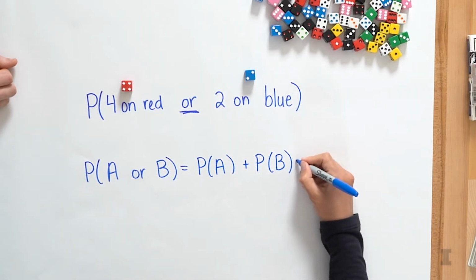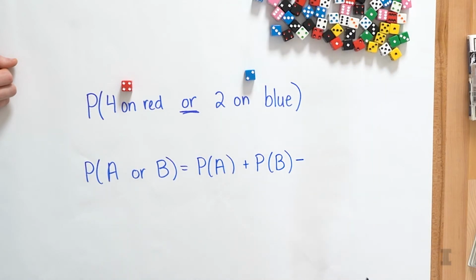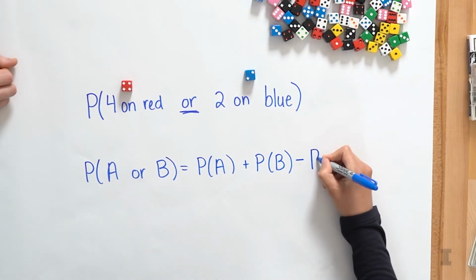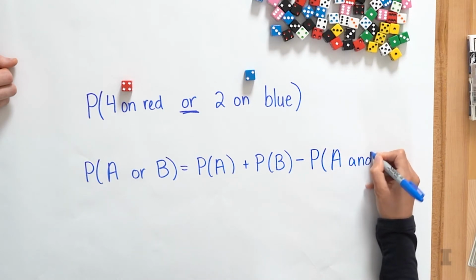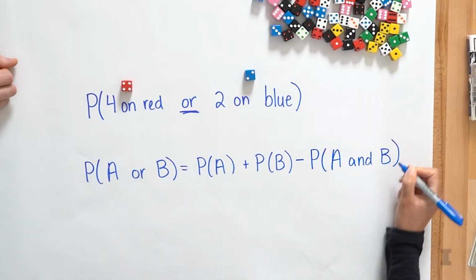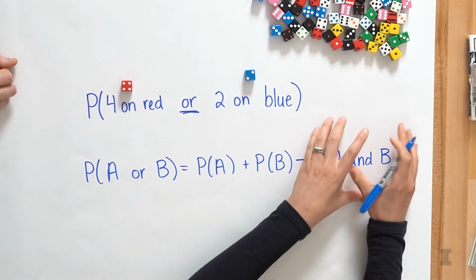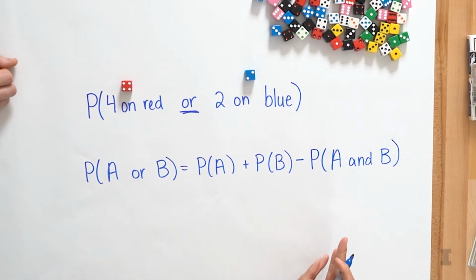But then we have to remember the key part of the addition rule, which says we have to subtract the probability of both, so in this case, the probability of A and B. A lot of times students will forget this part, and it is super crucial. There are only certain cases where this probability is 0. Most of the time it's not.